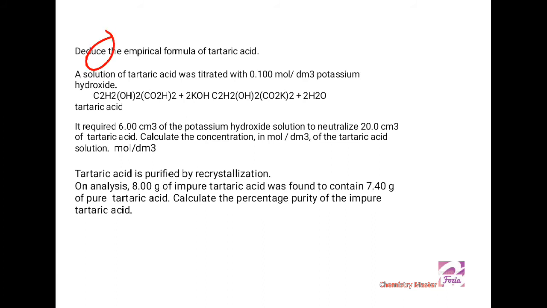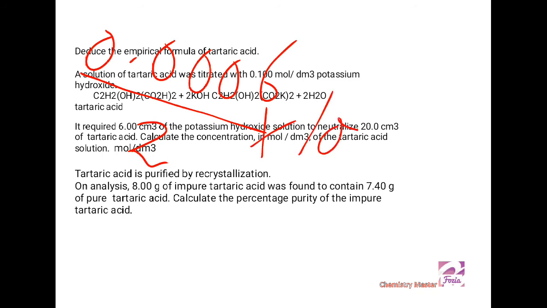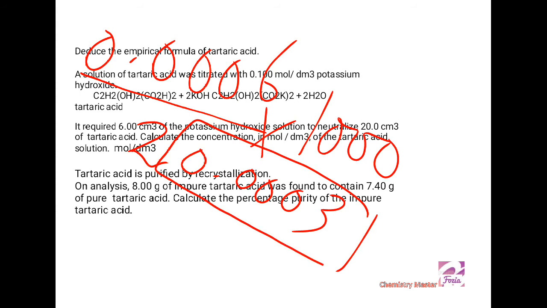So here we have 0.0006 moles of potassium hydroxide. We halve them and we are going to find out per 1000 ml. So here we get the number of moles of tartaric acid as 0.0003. So these are the moles of tartaric acid.